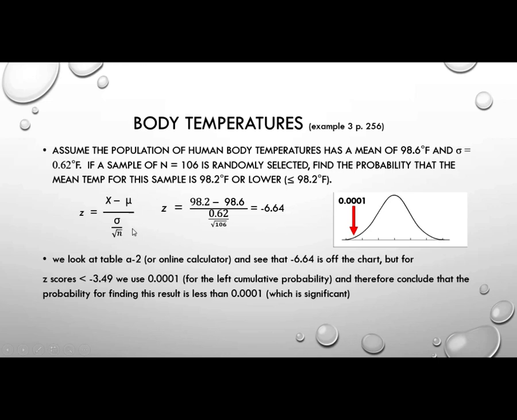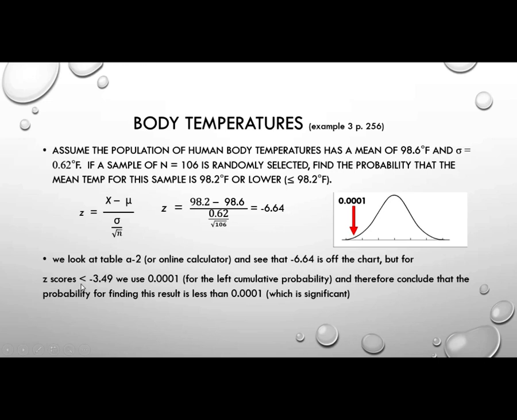So we know everything here. We've got 98.2 as our score we're interested in. We have 98.6 as our population parameter. We have 0.62 as our standard deviation over the square root of our sample size. We find this really large z-score, negative 6.64. We go look in our table in the back of the book, or we can look on an online calculator, and we see it's way off the charts.